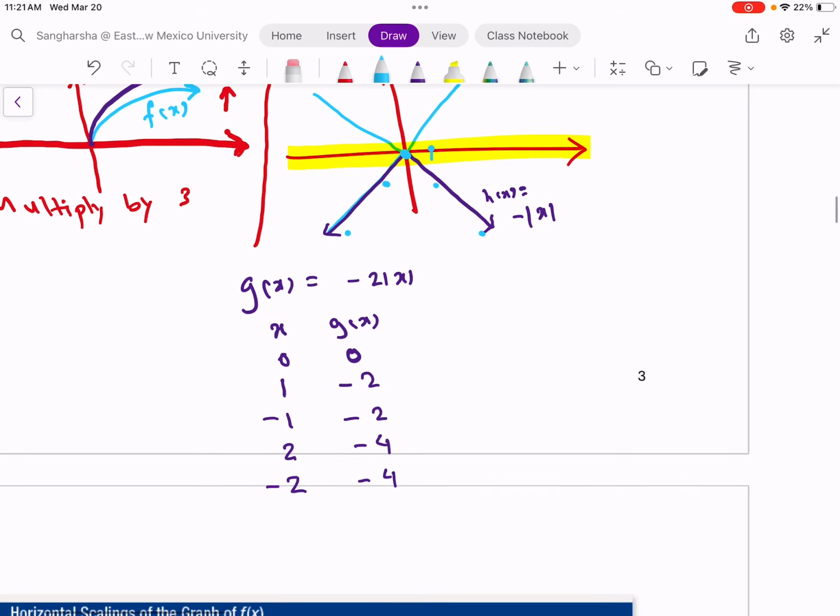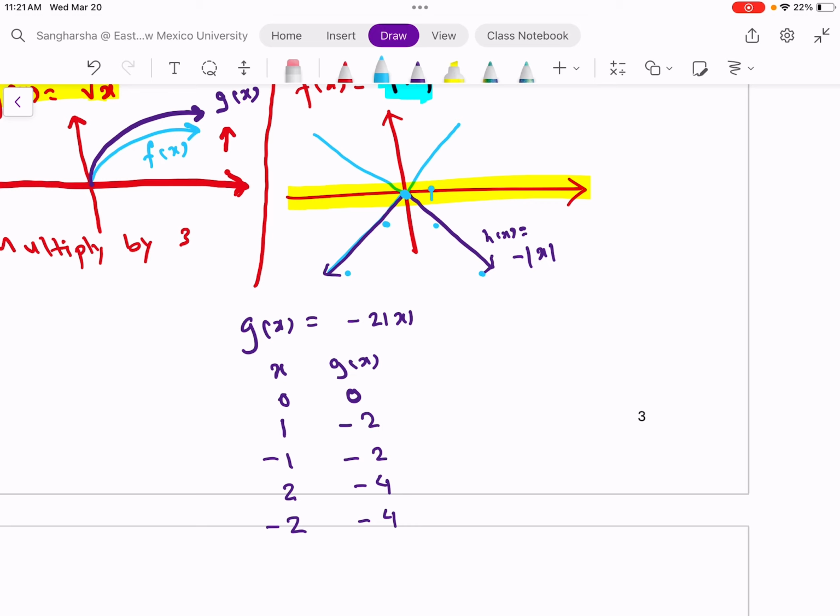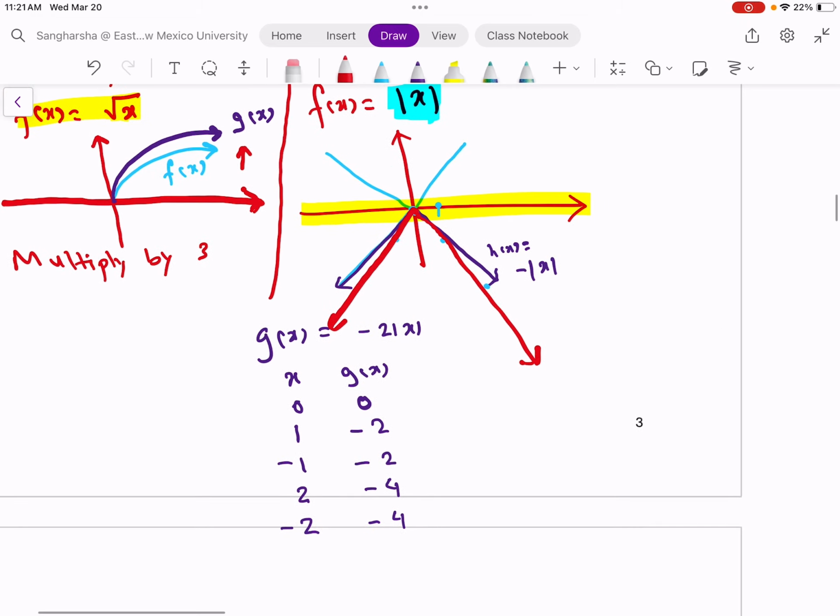If you connect all these points, we get a final graph. It is stretched vertically away from the x-axis.